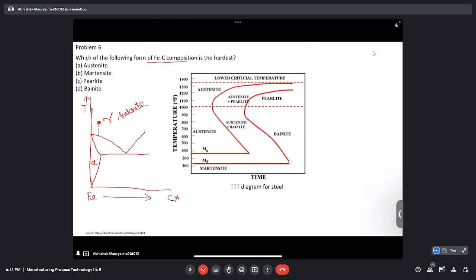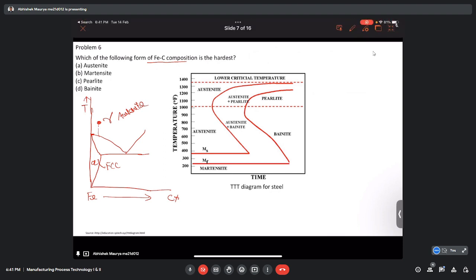Here the crystal structure was FCC. Sorry, it was BCC. Here it was BCC crystal structure. So if we heat it, alpha gets transformed into the gamma austenite, and the crystal structure changes to FCC. Usually, if we want to change the property of a given steel, we go for heat treatment.